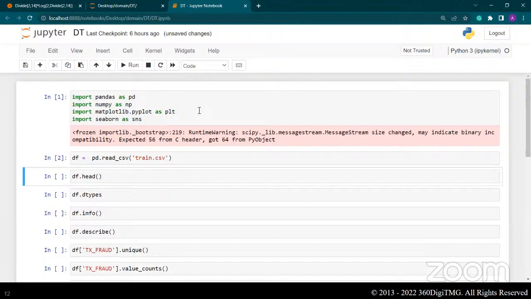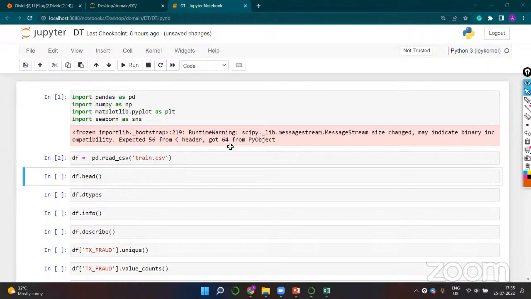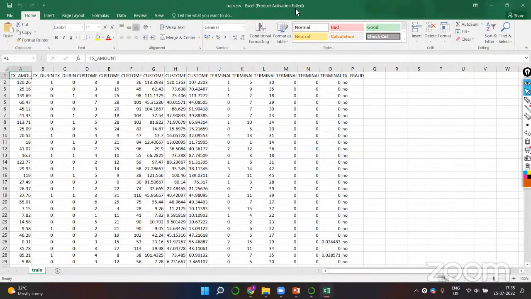So first, let's spend a few minutes to understand what is going on in our data set. So here we have, again, we are continuing our focus on money laundering.